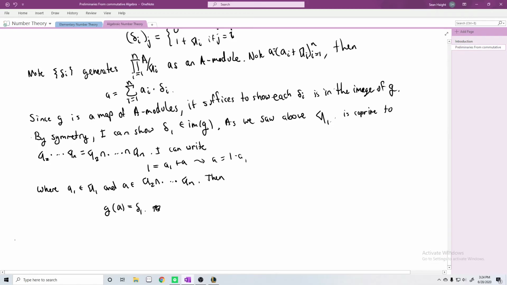There's a similar theorem for modules, so I'll just go ahead and state the theorem. Let A1 through AN be ideals in the ring A, and let M be an A module.